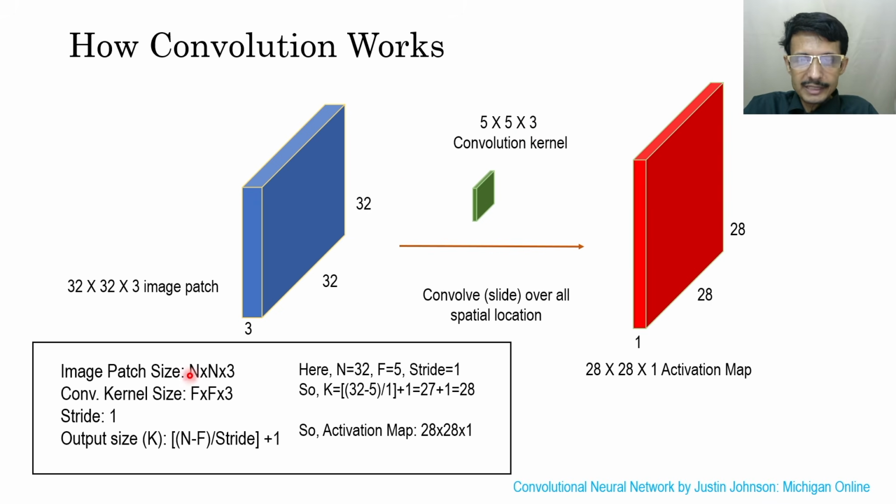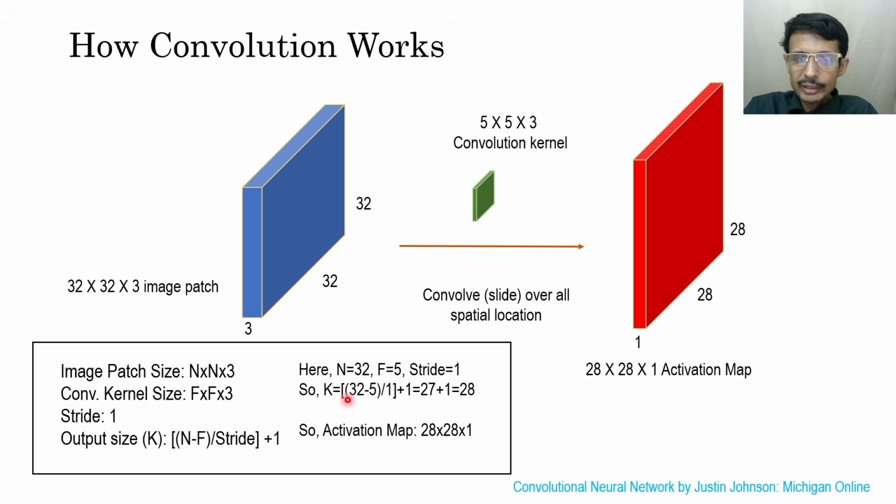The basic formulation: image patch size is n cross n cross 3, convolution kernel size is f cross f cross 3, stride 1, and output size k. Then k is (n minus f) divided by stride, plus 1. So here n is 32, f is 5, stride is 1.